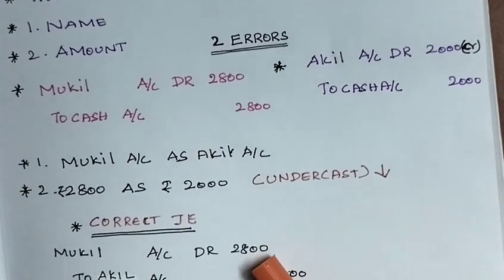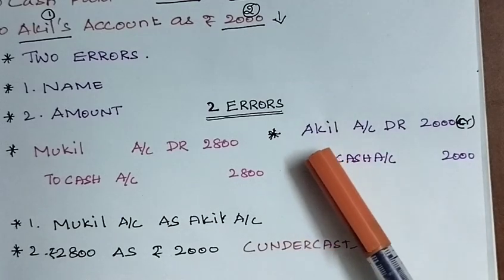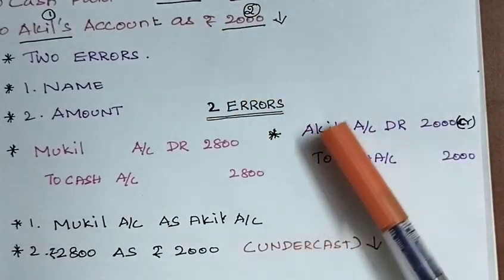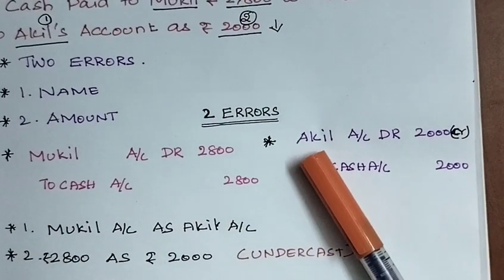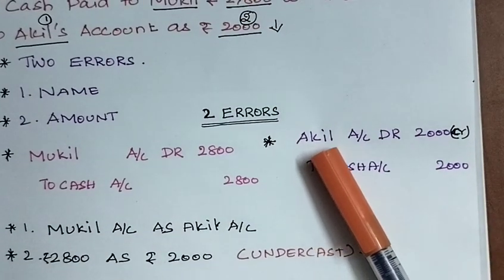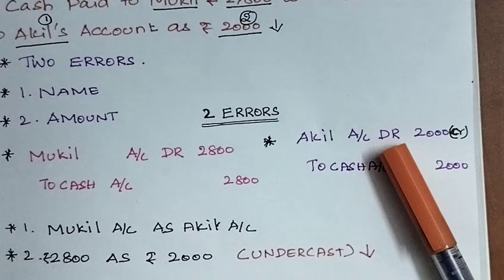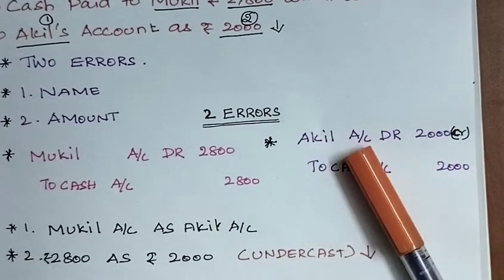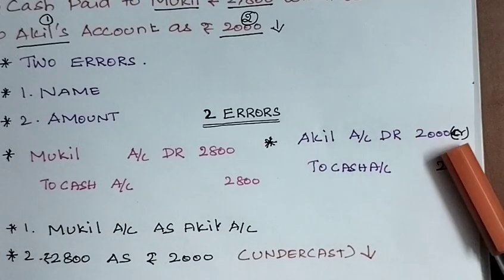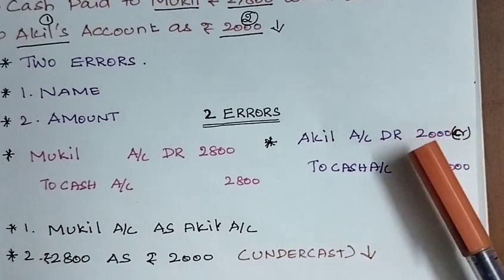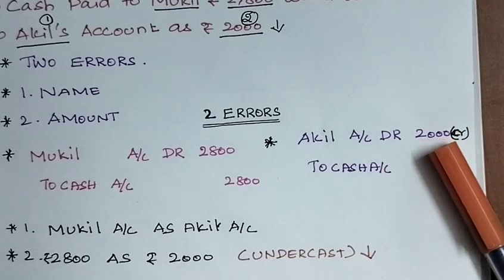Instead of Mukil, they debited Akhil's account 2000 rupees. So Akhil account is debited. How do we rectify this error? We will credit the Akhil account only, and the error will be rectified.